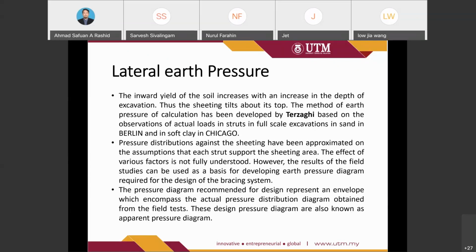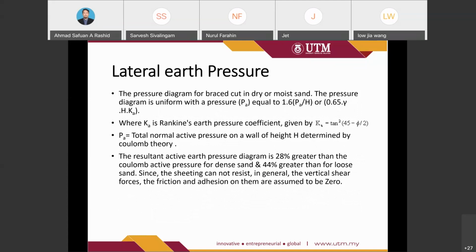So for sand material, we have a different pressure distribution, and we may refer to the Rankine Ka to do the calculations.